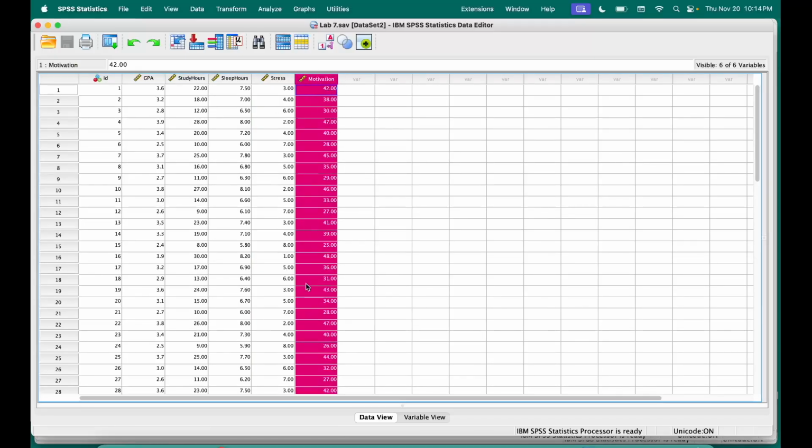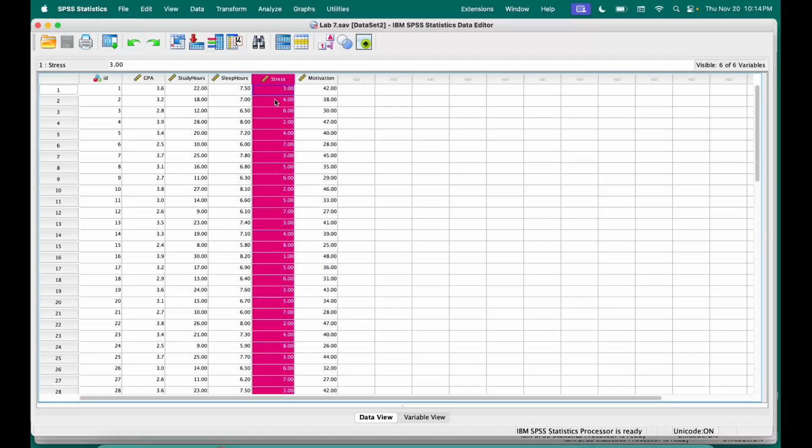And so we have some sort of composite score of items. And the stress item here was, I can just tell you, on a Likert scale, so it was more of a single item.